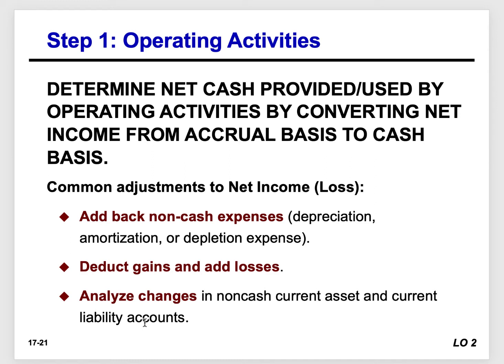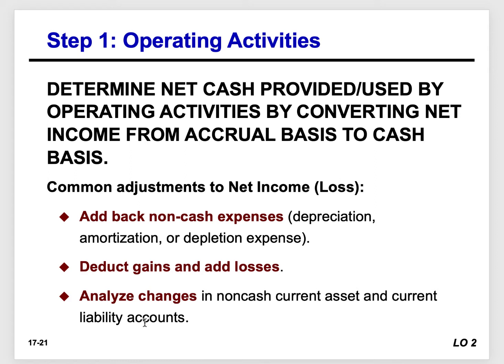Then the third thing we need to do is we need to either deduct any gains or add losses. Why? Because we're worried about the cash flow. Any gains, any losses that we incur as a result of selling equipment or PP&E, anything like that. Remember, we already take care of the cash flow from that sale as an investing activity.